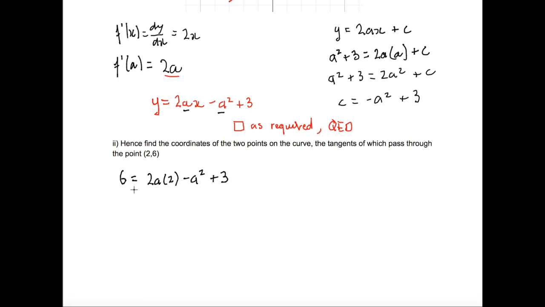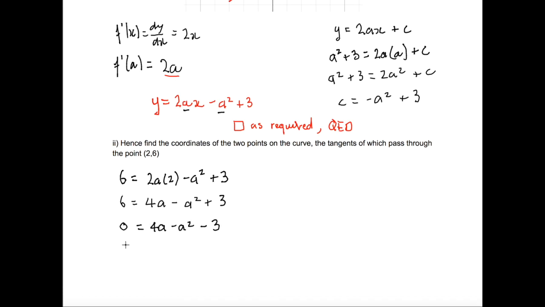If we can solve for this, we get 6 equals 4a minus a squared plus 3. Subtract 6 from both sides. We get 0, that's gone away. 0 equals 4a minus a squared plus 3 minus 6 is minus 3.